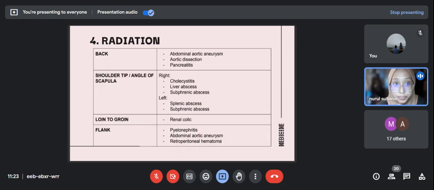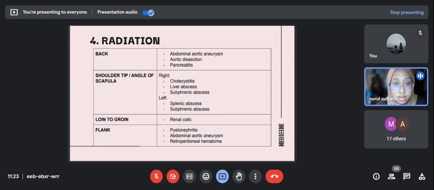So next slide. For the radiation, pain that radiates to the back may suggest that the pain could be due to AAA, aortic dissection, and pancreatitis. Pain that radiates to the shoulder tip or angle of scapula, which is referred shoulder tip pain, is usually due to diaphragmatic irritation because of the presence of blood in the peritoneal cavity.